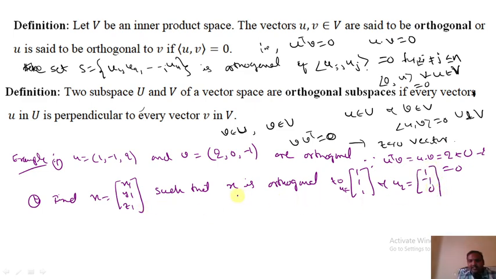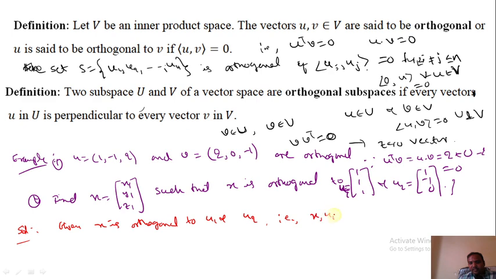Find a vector x such that x is orthogonal to u1 and u2. How to find this? See, it is given that x is orthogonal to u1 and u2. What does that mean? The inner product of x and u1 is 0, and the inner product of x and u2 is also 0.